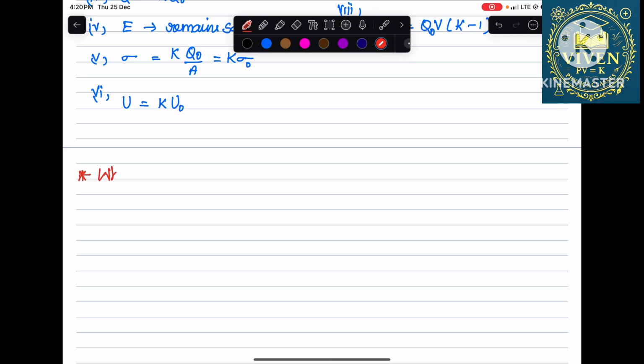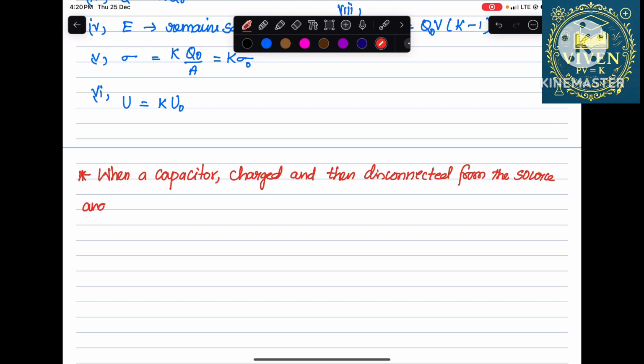When a capacitor, listen carefully, is charged and then disconnected from the source, and a dielectric of constant K is now inserted between the plates, what are the changes that will happen?